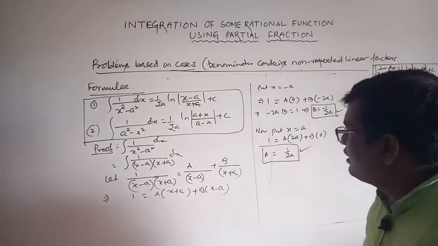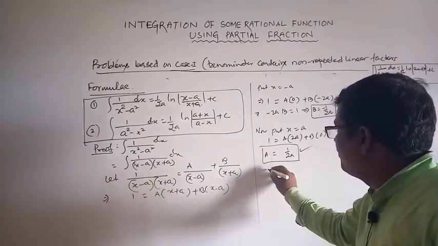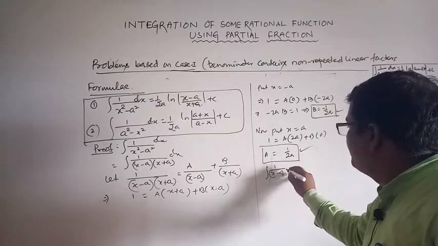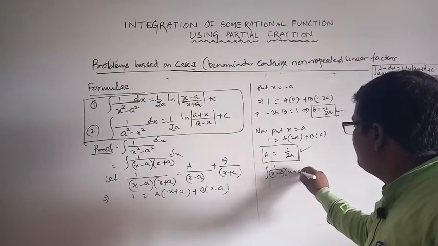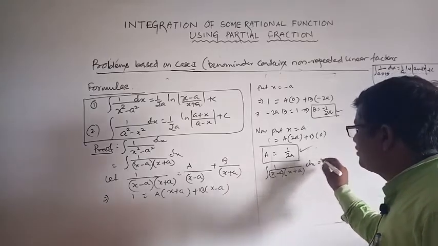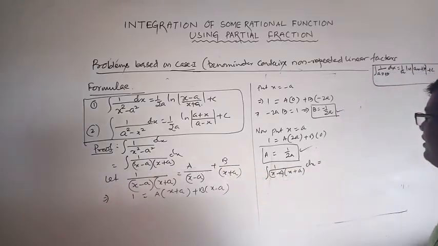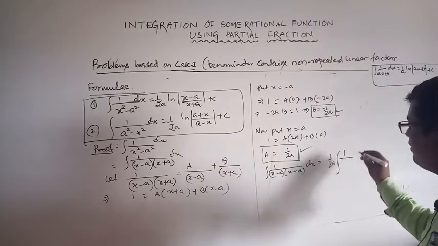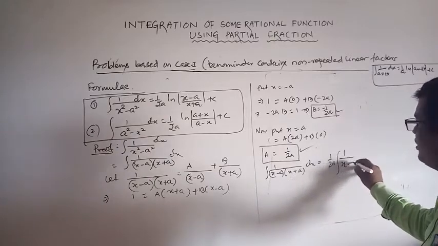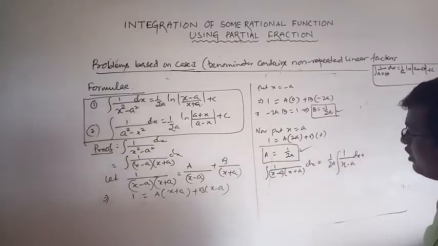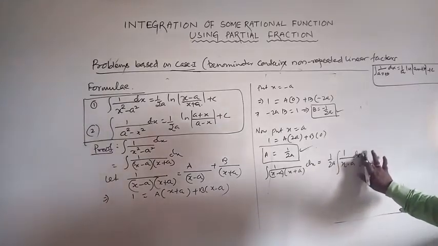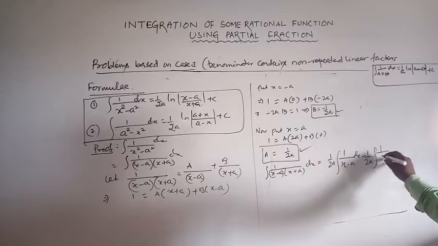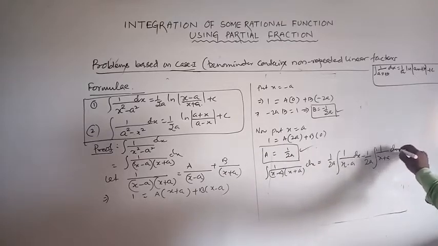Now integration of 1 by x minus a into x plus a dx is equal to 1 by 2a integration of 1 by x minus a dx plus 1 by minus 2a integration of 1 by x plus a dx.